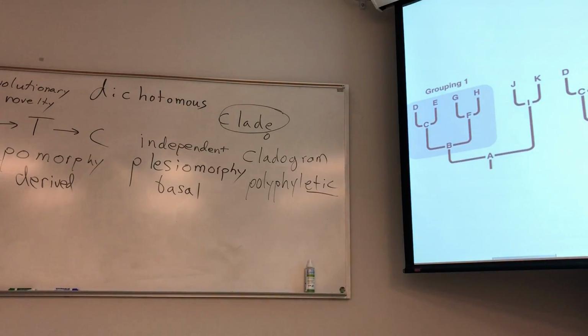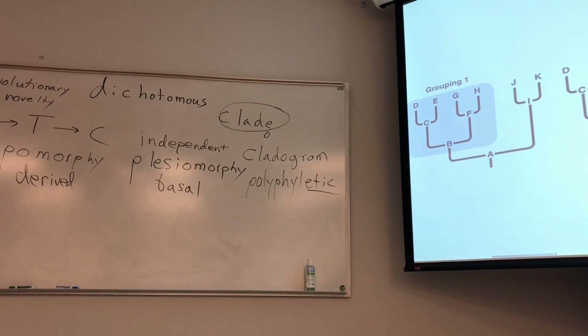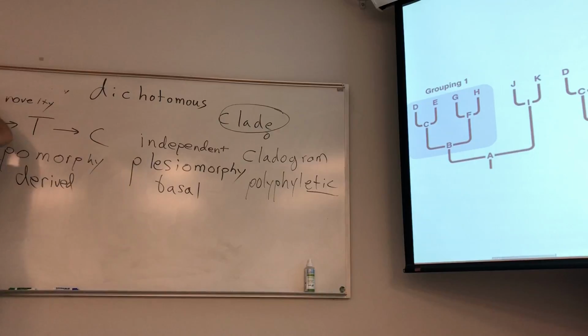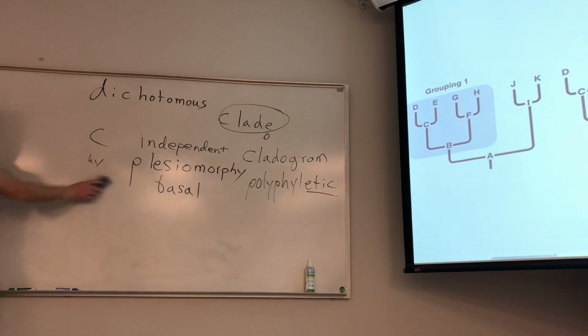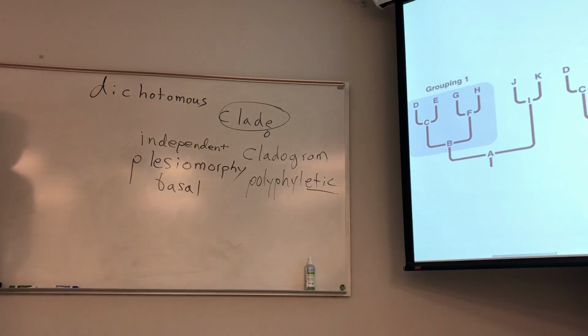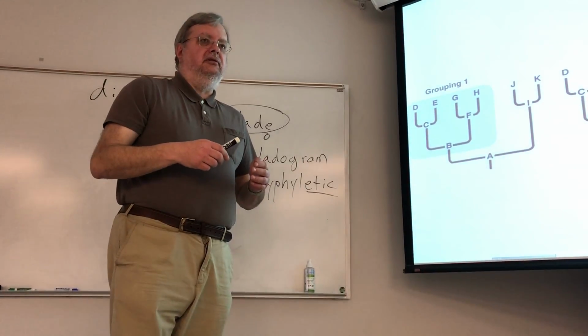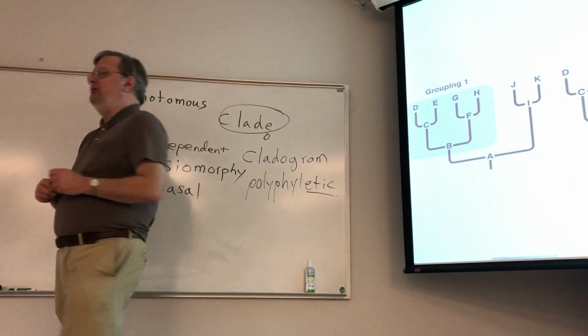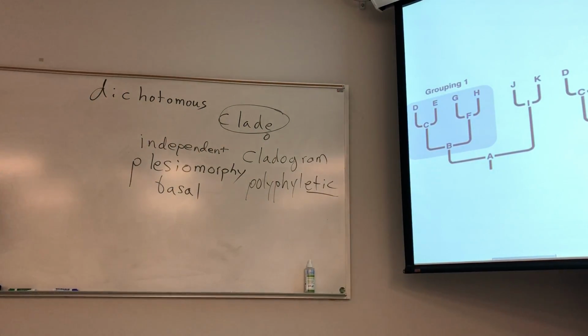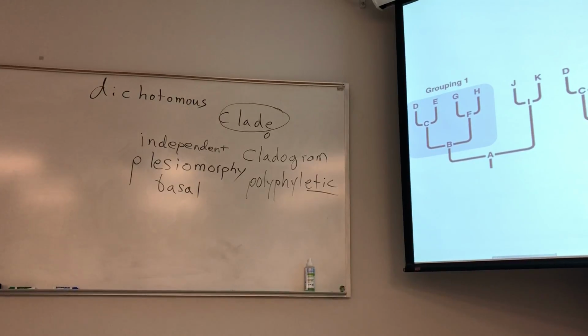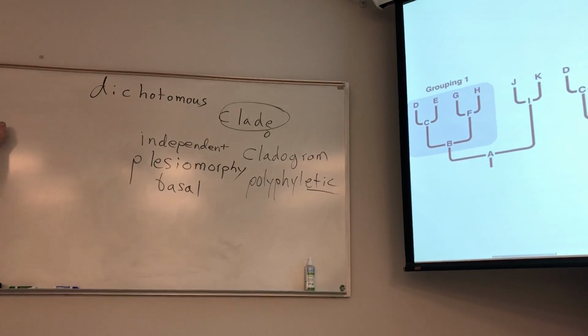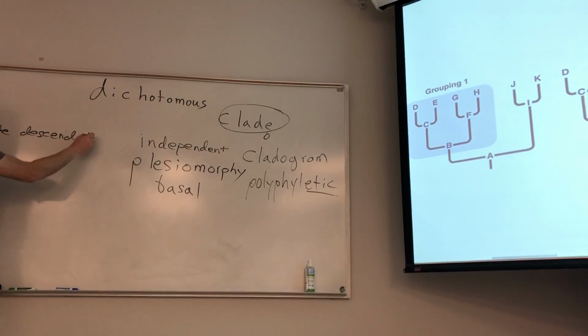So what we need to do is see what that means, and what are the alternatives which are not the goals. So what makes a taxon monophyletic, whether it's an entire domain or just a single species? To be monophyletic, it has to have all the descendants of a common ancestor.